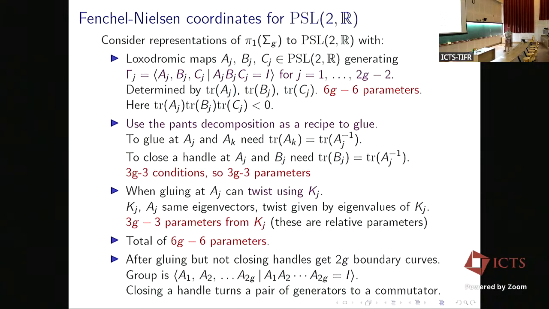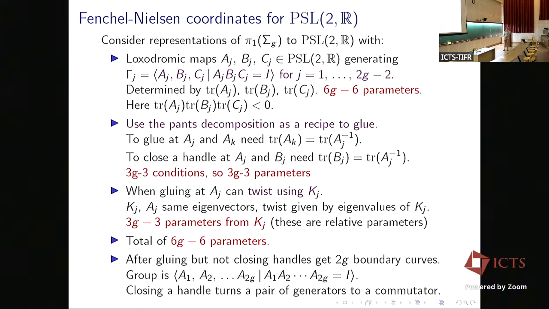Okay, so now I can put all of these together. So this is now my PSL2R Fenchel-Nielsen coordinates. So I've got a whole bunch of free groups on two generators, which are the fundamental groups of the pairs of pants, but I'm thinking of those as Fuchsian groups. And they're generated, they get AJ, BJ, and CJ, such that the product is the identity.